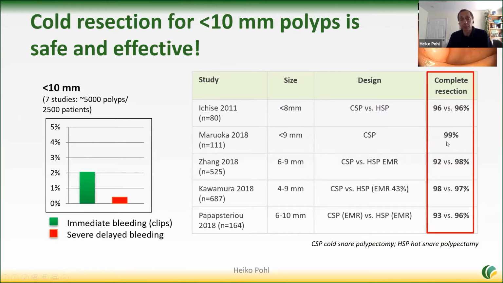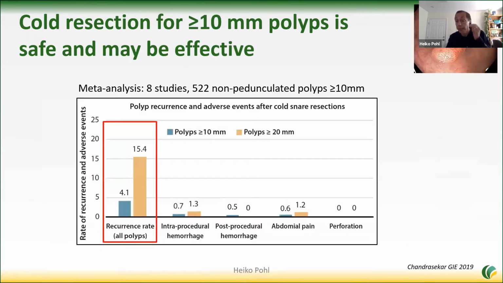Some comparative studies with hot snare resection for those small polyps show that the efficacy is similar. How about those that are 10 millimeters to 19 millimeters or larger? You see here on the right side of this diagram, there's hardly any significant adverse event, no perforation. And by the way, the two graphs represent the size groups, and no bleeding.